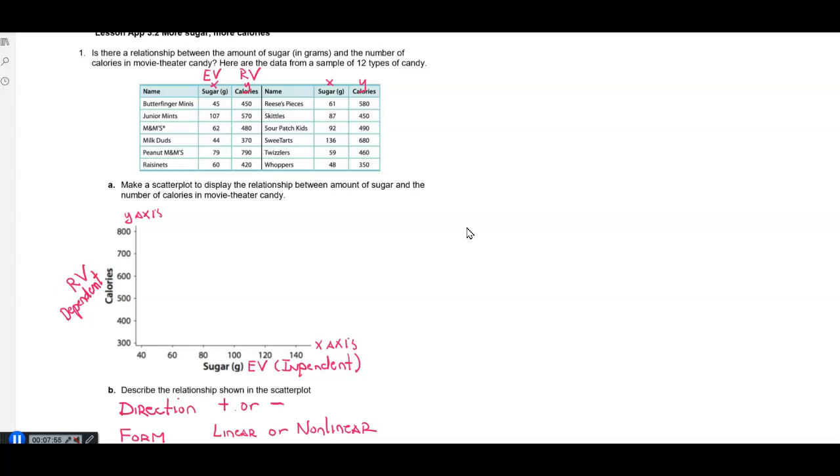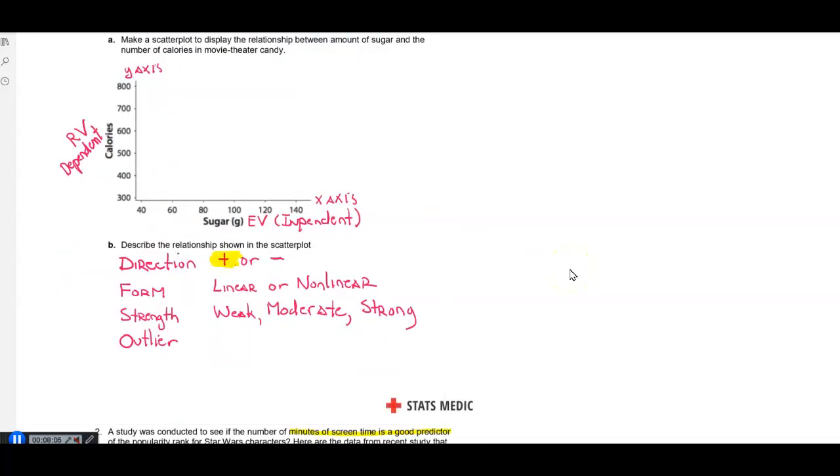Okay, so our prediction right here would probably be that this is going to be a positive relationship. And what that means is as sugar increases, calories increase.